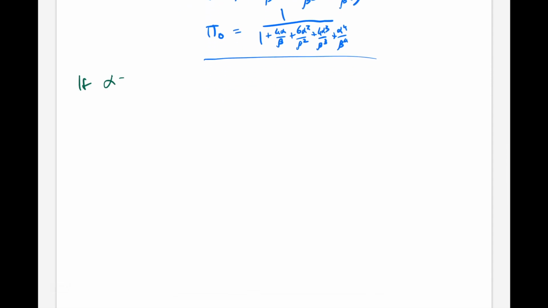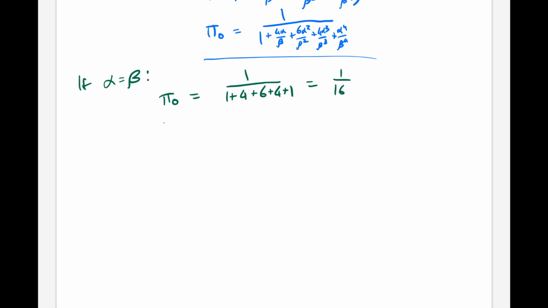If alpha is equal to beta, then I know my pi naught is going to be equal to 1 over, and now I have a lot of fractions that cancel out. So it's going to be 1 plus 4 plus 6 plus 4 plus 1 over 16.